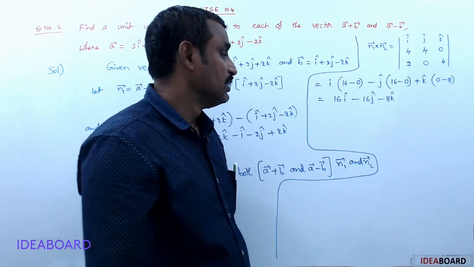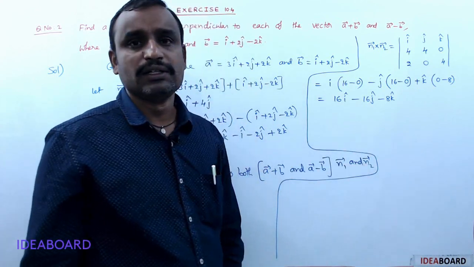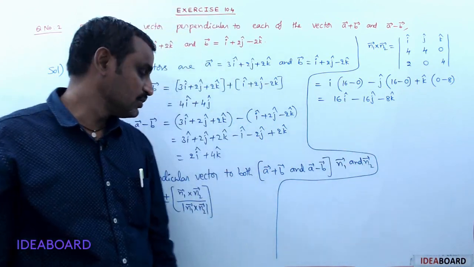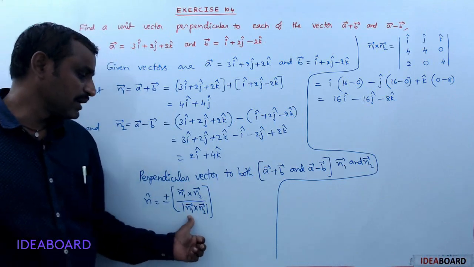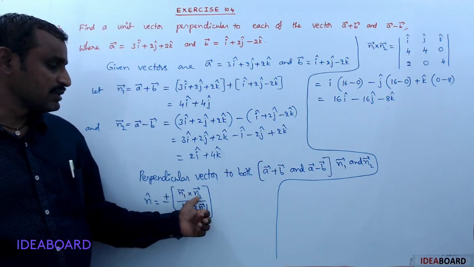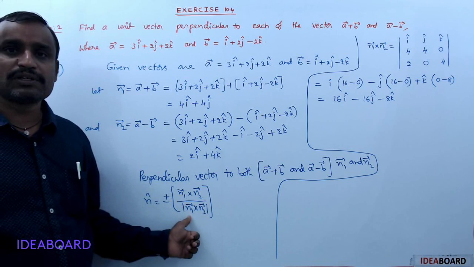We also want to calculate the magnitude, because the required formula is n1 bar cross n2 bar divided by the magnitude of n1 bar cross n2 bar.